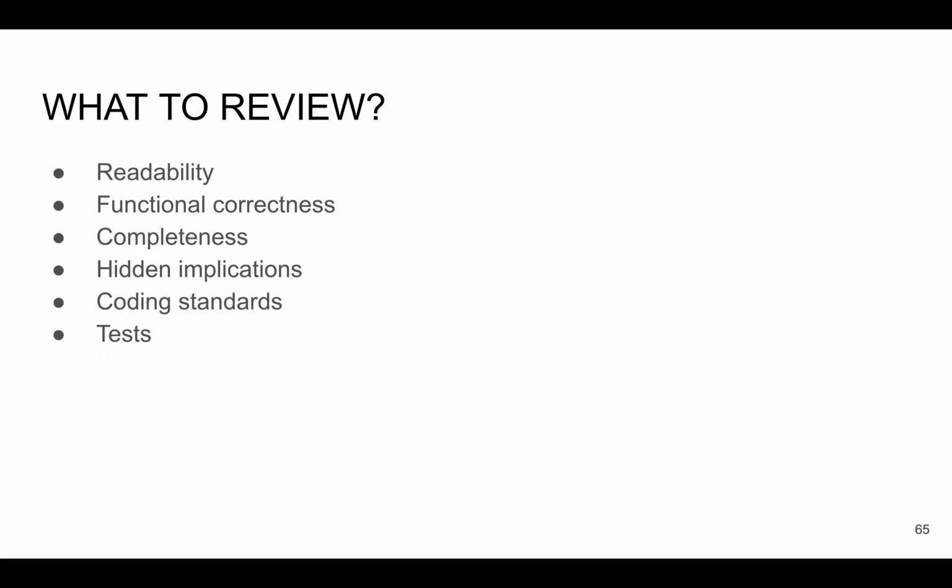So if we need to fix a bug, we have to check this code and see whether this merge request really fixes this bug. Also, there is completeness. Was it finished completely or was something not finished, and we need to reassign this task again to the author, and he or she should update the merge request and provide the final version of the code.